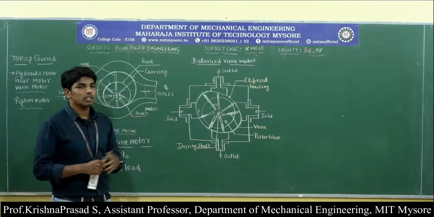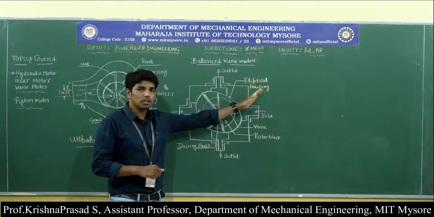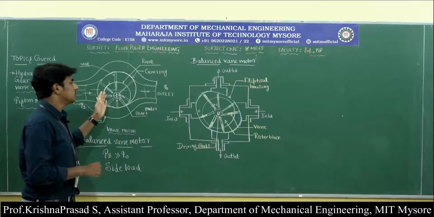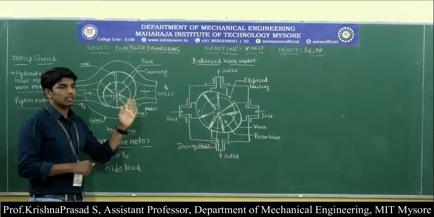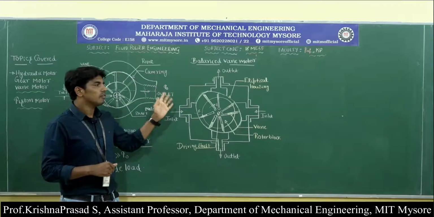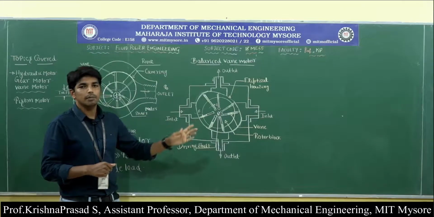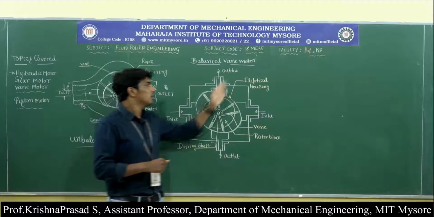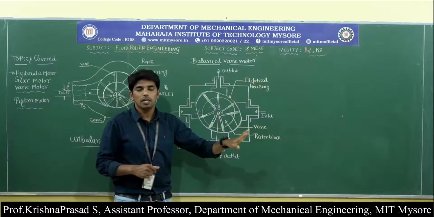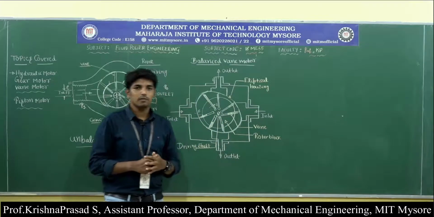Observe in the construction that we use an elliptical housing instead of a circular housing. That means the side load can be eliminated with the help of the elliptical housing instead of the circular housing. That is the main thing regarding the balanced vane motor.